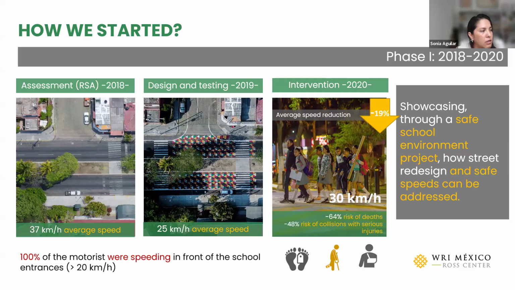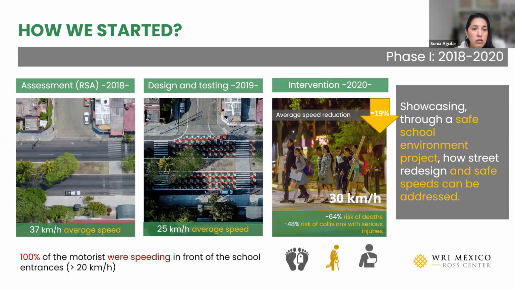During the assessment phase, we developed different studies. One was a baseline of the average speed at the school environment. Something very sad revealed by this study was that 100% of the motorists were speeding in front of the school entrances and exits.